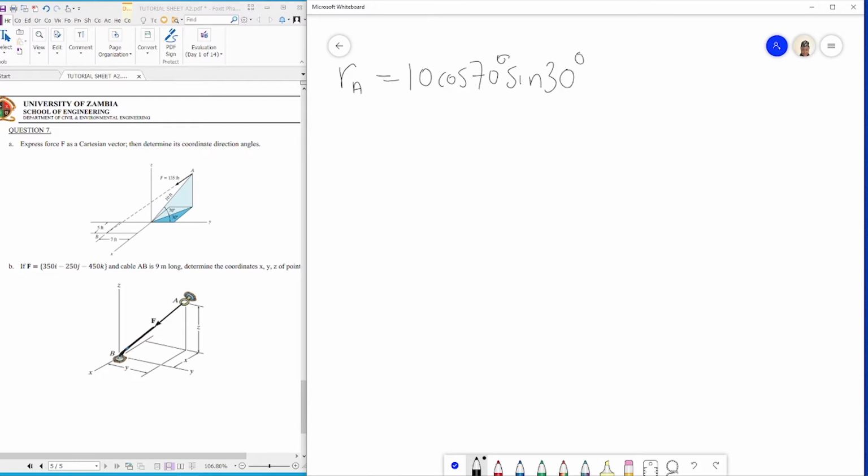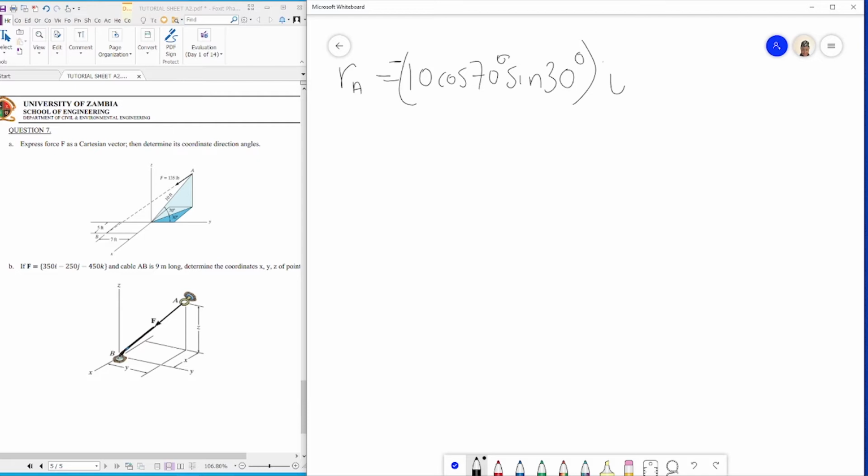So that is the RA, the i. Then the j: because the X is in this direction, obviously this is negative.